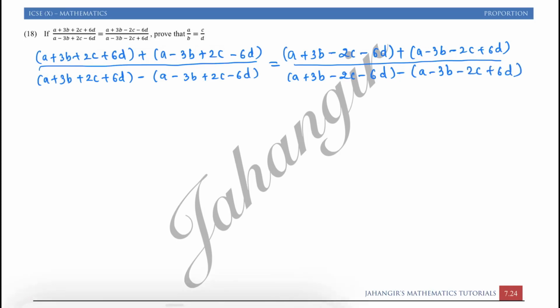Now let's open the bracket. This is by componendo dividendo.